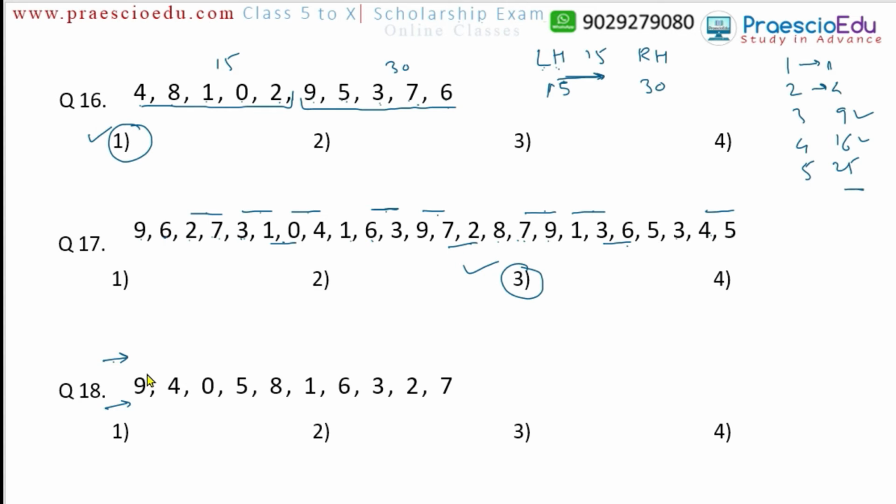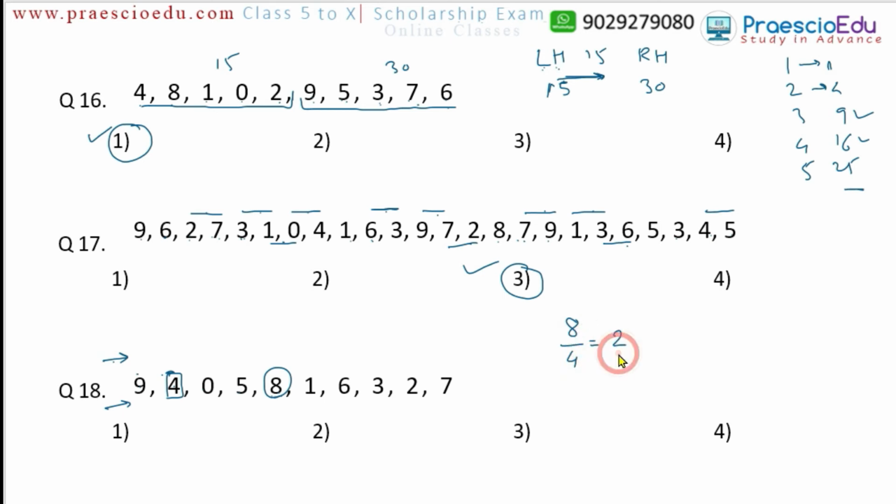The digit at the fifth place: 1, 2, 3, 4 and 5, so 8 comes. Then the second digit, 1 and 2, this 4. Okay, we have to divide 8 by this second number 4. So the quotient comes to 2.